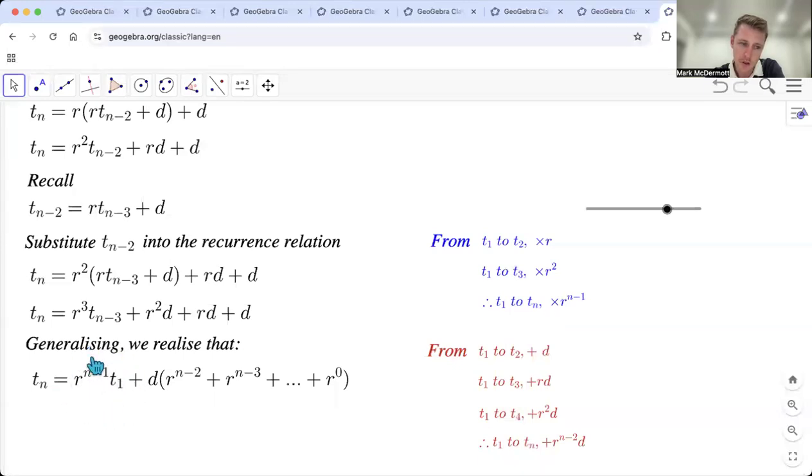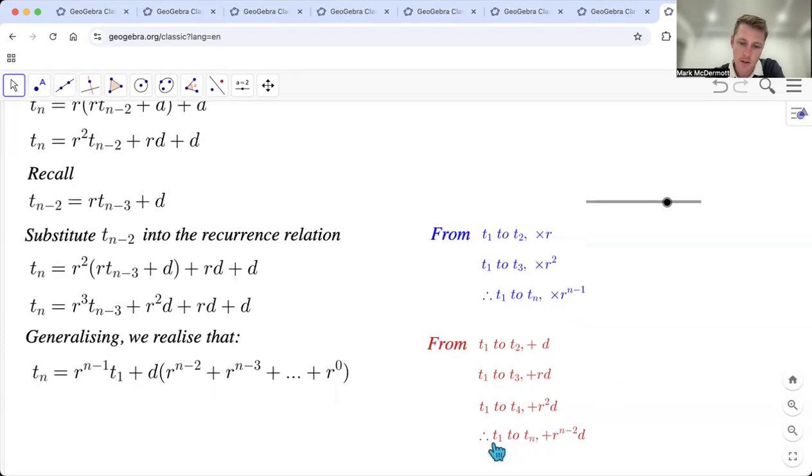You multiply the first term by the common ratio n minus 1 times. And then for the common difference part, if you're going from T1 to Tn, you're going to add the common difference a number of times equal to R to the n minus 2.